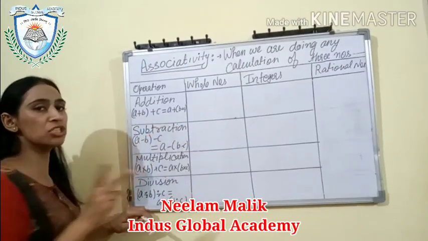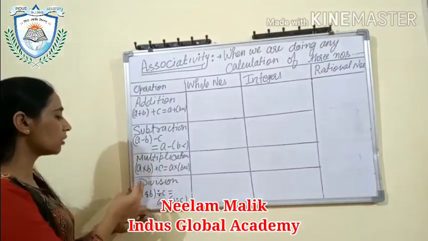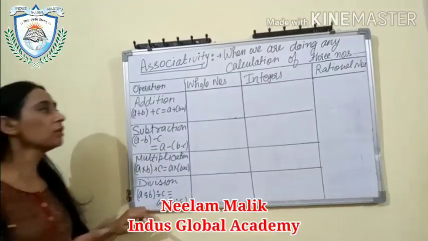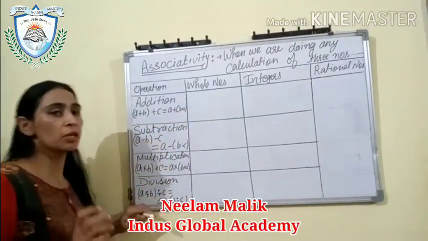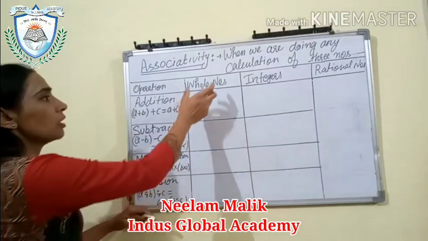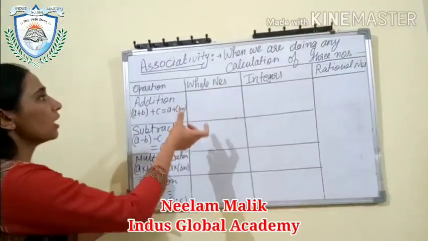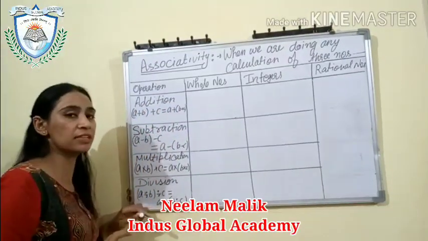Means we are changing their order of addition, subtraction, multiplication and division. If both sides, left hand side and the right hand side, are equal, then we will say that numbers like whole numbers are associative under addition, subtraction, multiplication, etc.